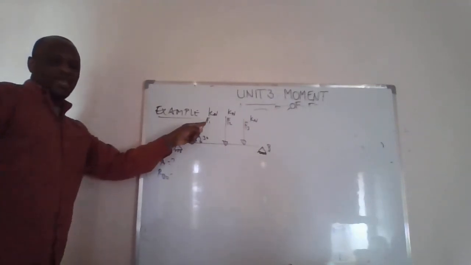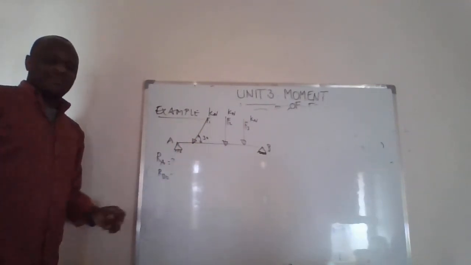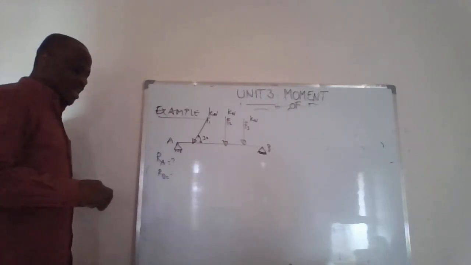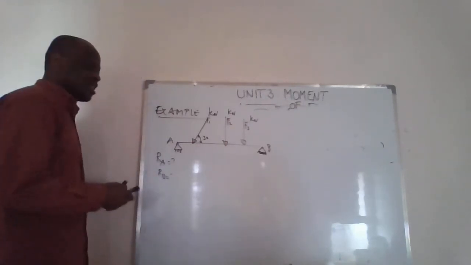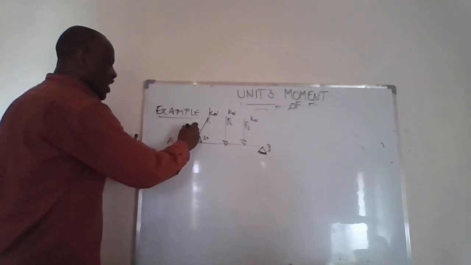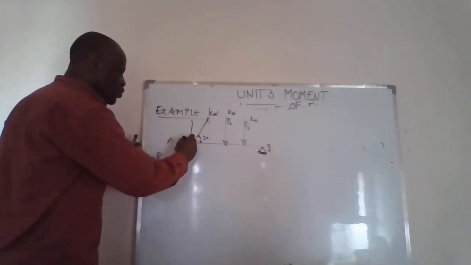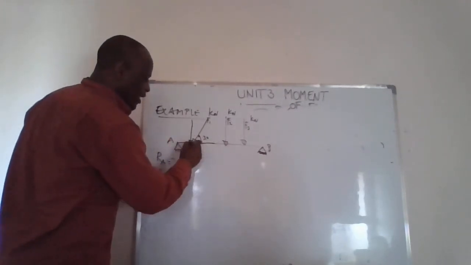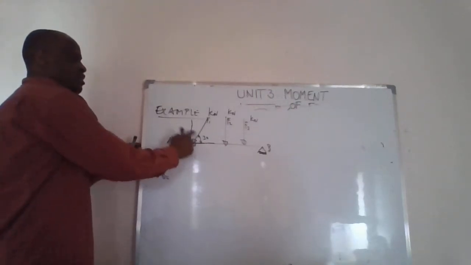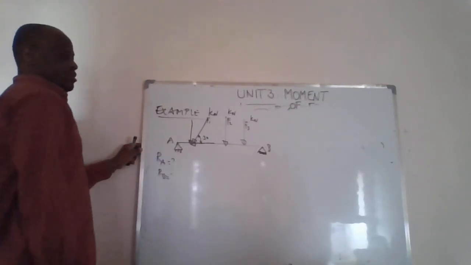Here we have a point load which is inclined. Every time we're dealing with a point load which is inclined, we always have to use the vertical and horizontal components.